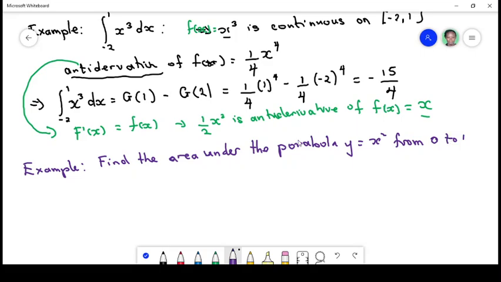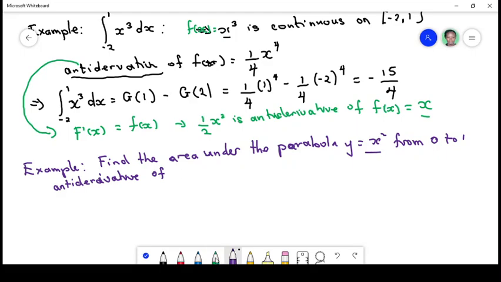So for a parabola, we are looking at a curve and we want to find the area of that. So from here, we know that the antiderivative of the function, this is the function.